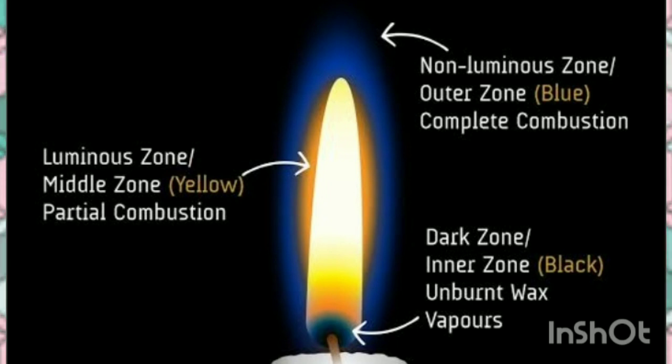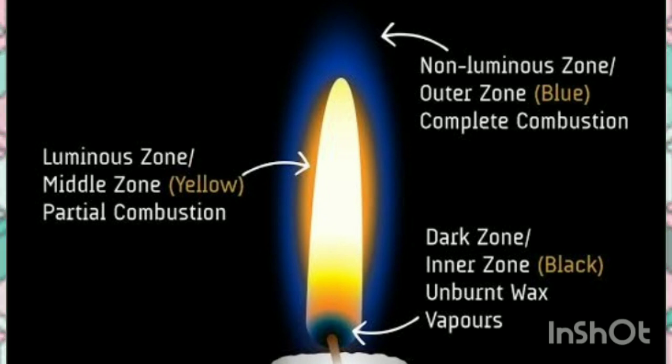The next one is blue flame. Blue flame is called a non-luminous flame, and it emits very little light, but it is the hottest part of the flame. Blue flame happens due to the adequate amount of oxygen available. We can say that it undergoes complete combustion.